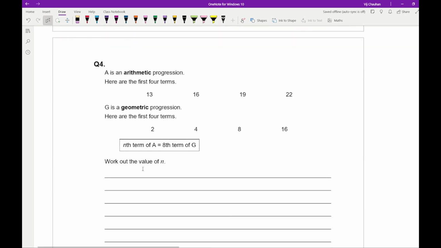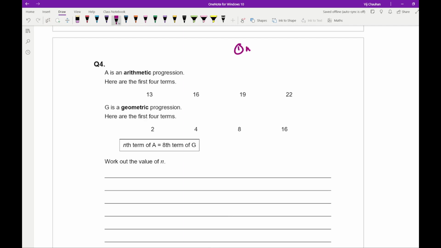Moving on to question 4, it says A is an arithmetic progression. Here are the first 4 terms. G is a geometric progression, and here are the first 4 terms. And it says the nth term of A is equal to the 8th term of G. Work out the value of n. So for this, let me just go through the steps.